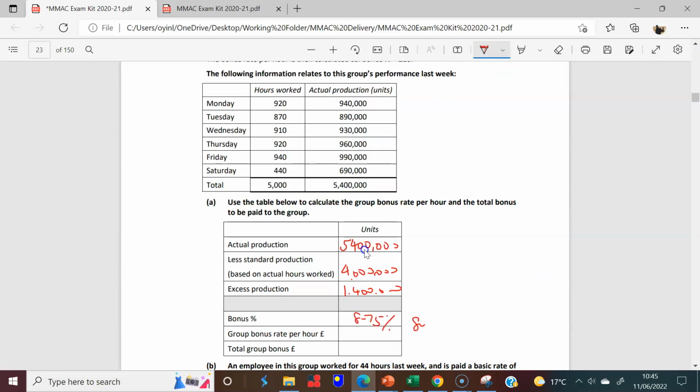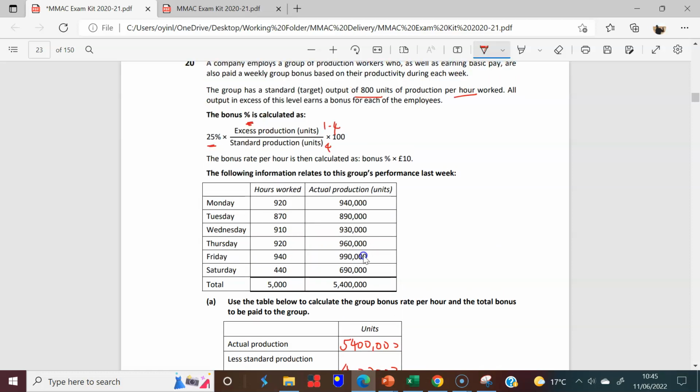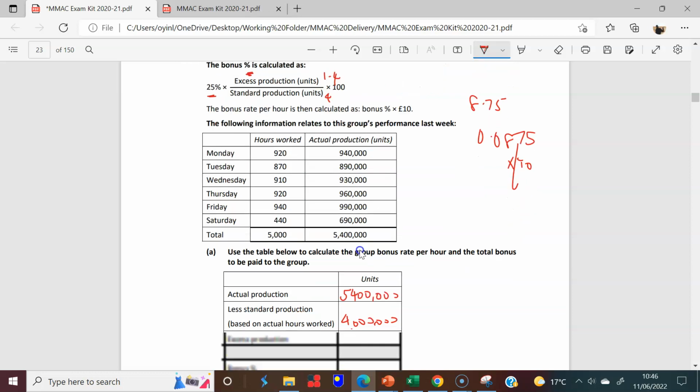Then it tells you to calculate this percentage times £10. 8.75% as a decimal is 0.0875 times £10. So if you now do this, when you multiply this, you now have 0.875.